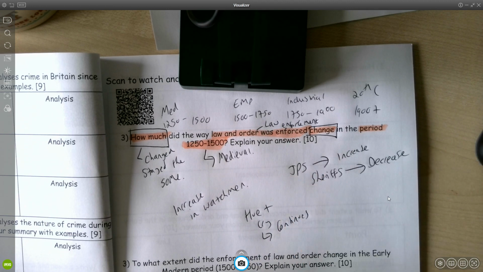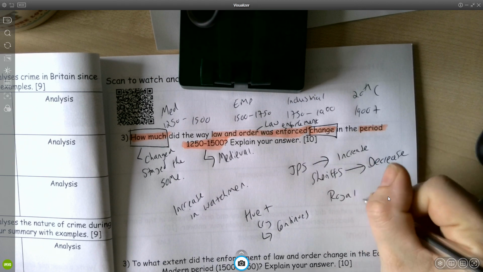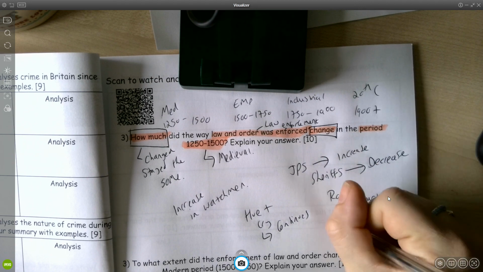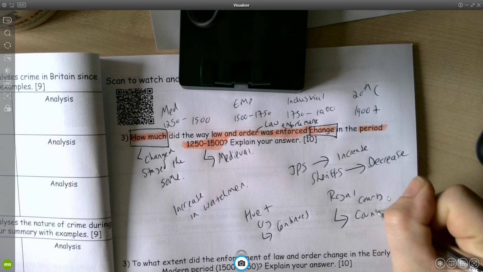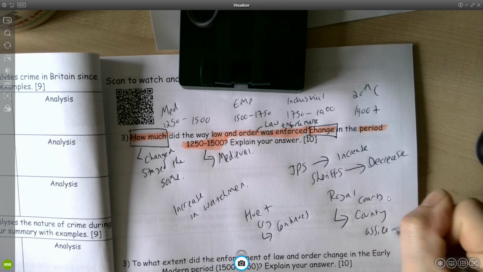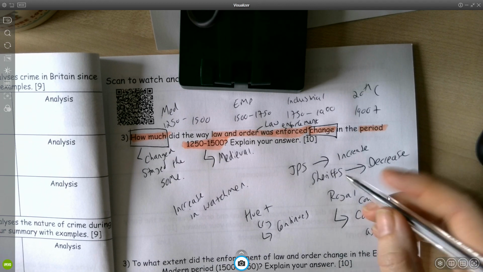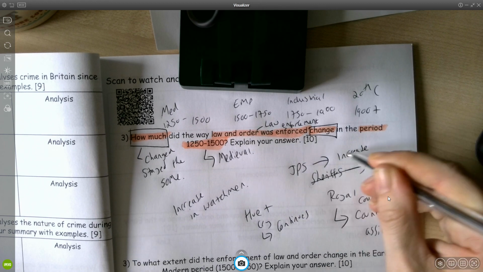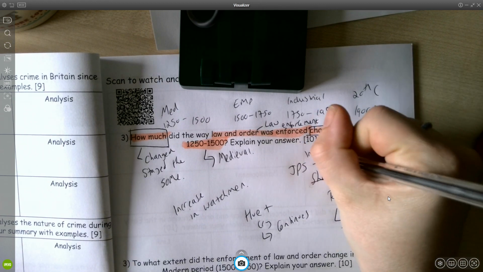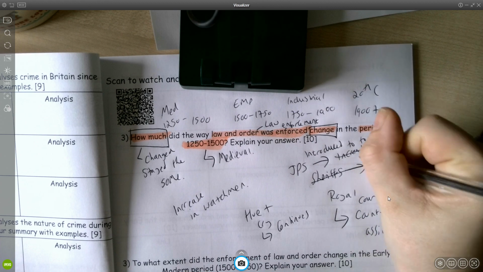And then if we think about courts, for example, you've got the royal courts that become the county assizes. Apologies, I've just got myself mixed up here with the medieval period and the early modern period. The JPs, it's not that the sheriffs decrease, the JPs are introduced to take over the sheriff's court roles.